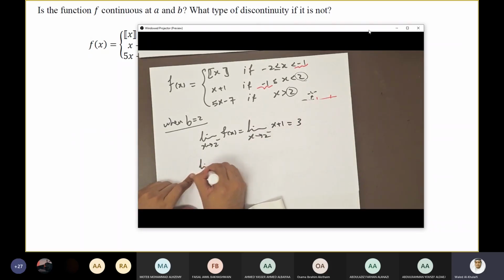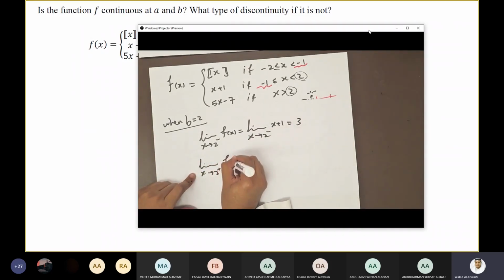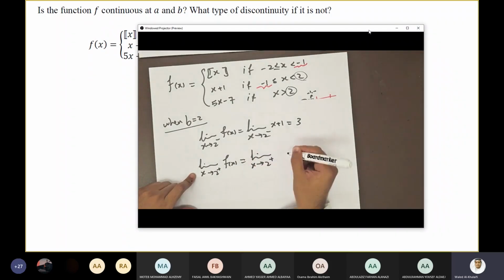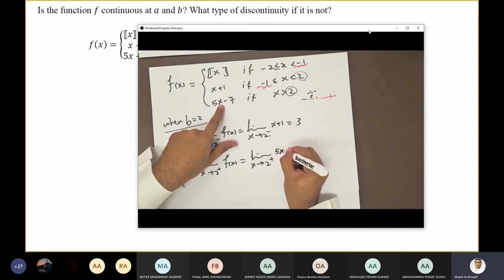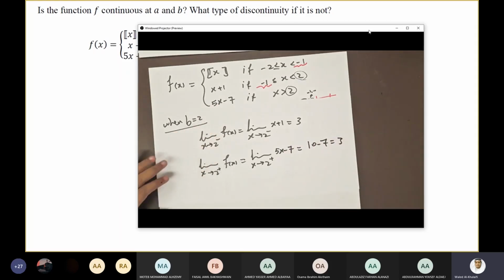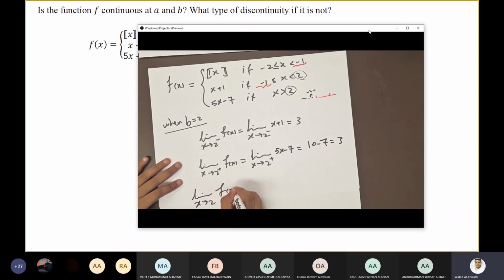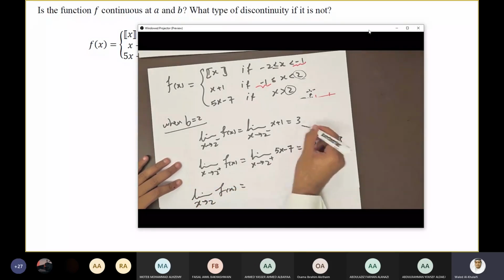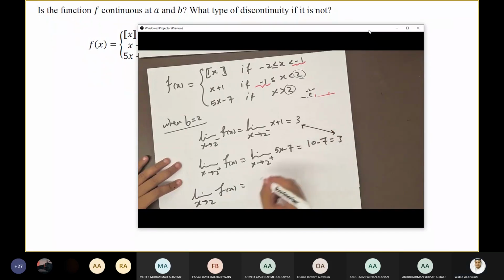So I take the limit as x approaches 2 from the right of the function f, so I have to take this definition, 5x minus 7. It will be 10 minus 7, which is 3. So now the limit as x approaches 2 of f of x, because these are equal, will be 3.